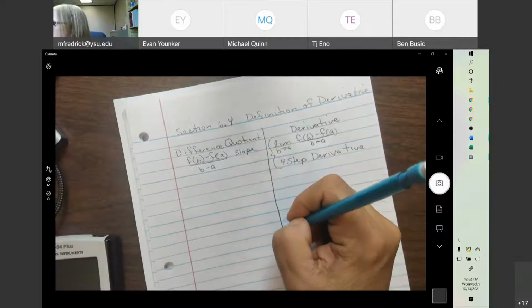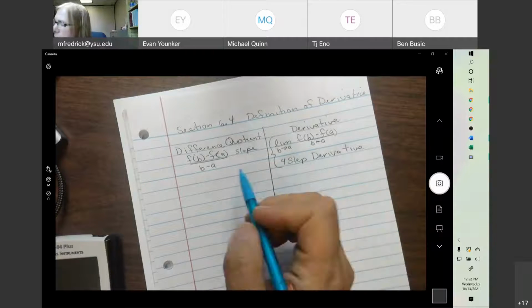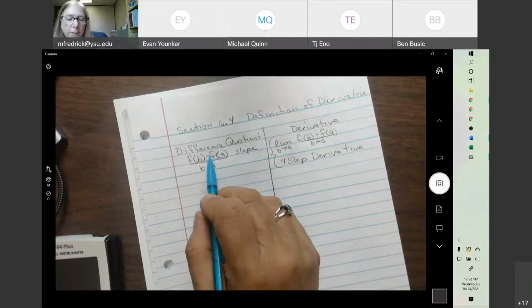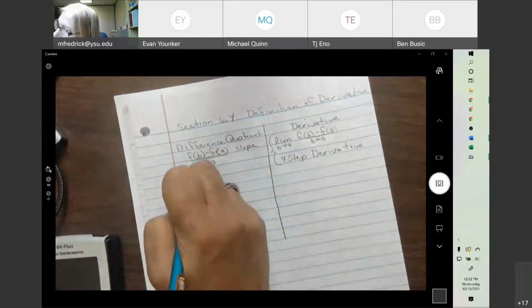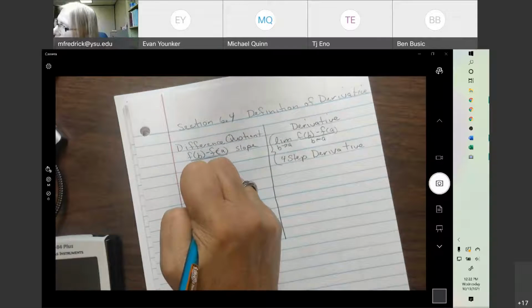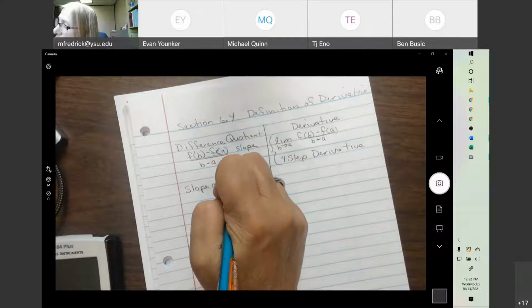Well, how do you know when to use which one? For this one, this is the slope of the secant line.